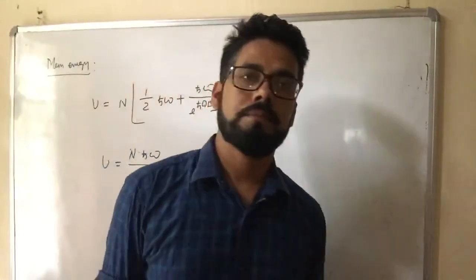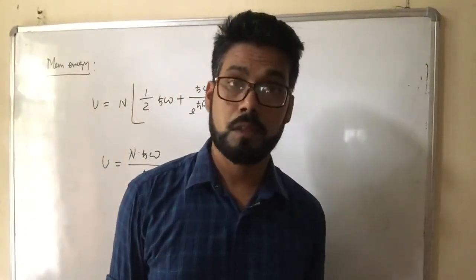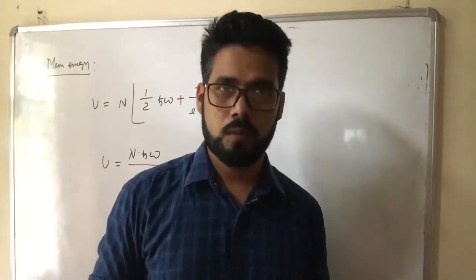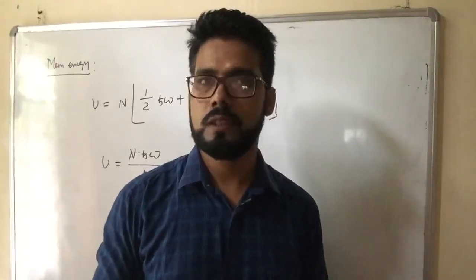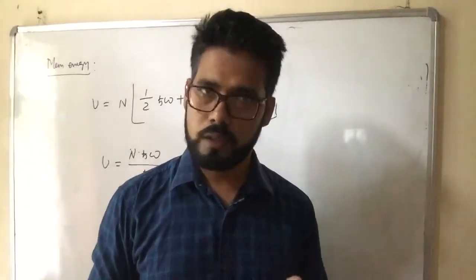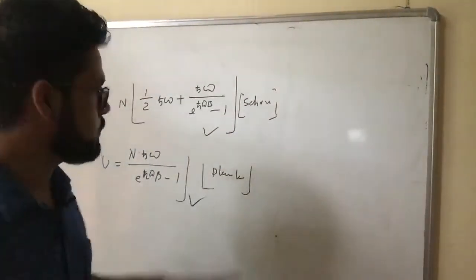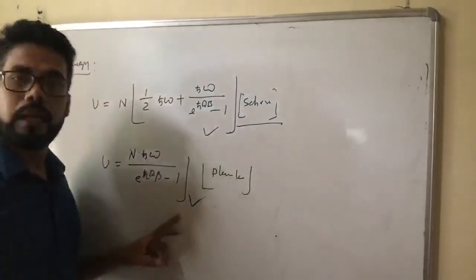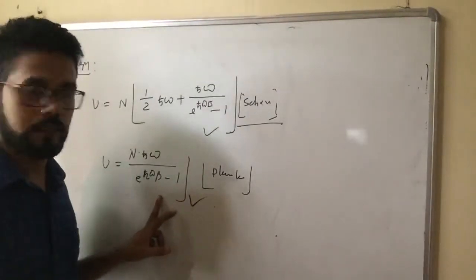But what do the Einstein and Debye models actually calculate? They calculate the specific heat of solids, that is, specific heat due to phonon interaction. Phonon is a boson. If you do this calculation using the Schrödinger oscillator, you will get this energy, and if you use the Planck oscillator, you will get this mean energy of a crystal.